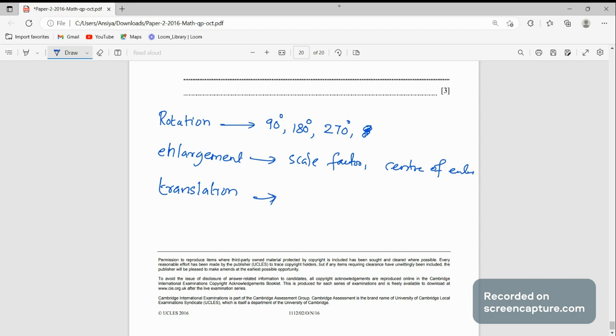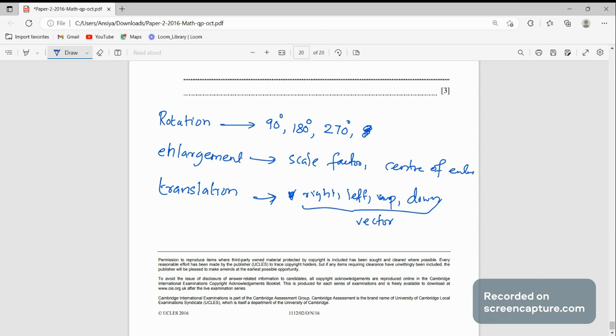If you mention the translation, you should say how much it moved to the right or to the left, how much the picture moved up or down. This we call the vector. Vector in the sense, okay, the picture moved 3 positions right and 2 positions down. That is called the translation.